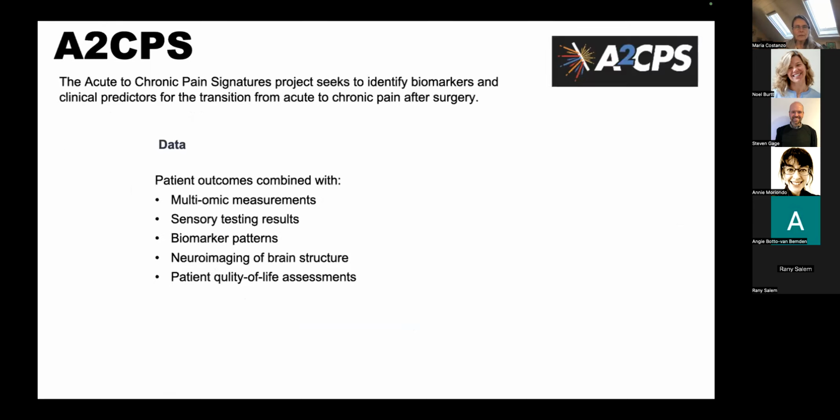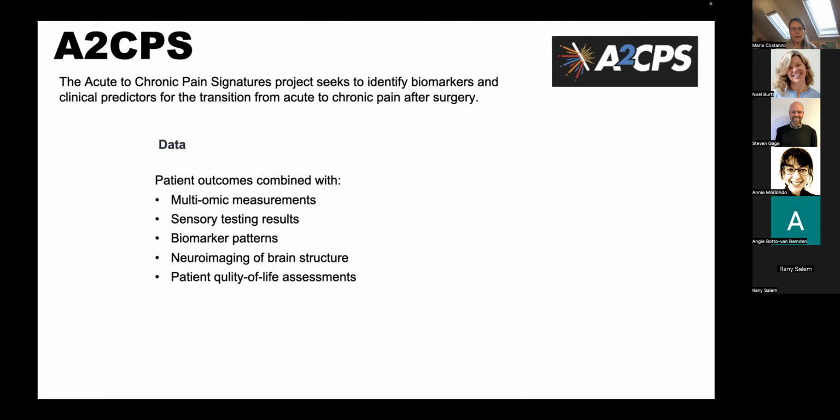All right. A2CPS is another one that's just getting going, so they don't have a lot of data available yet, or user interfaces. But this is based on the idea that when people have acute pain, like knee pain, and they have surgery for it, some of them recover and are fine, but others transition to having chronic pain in that site. And it's not clear why, and how to predict who that would happen to.